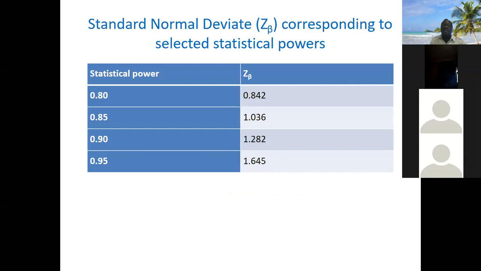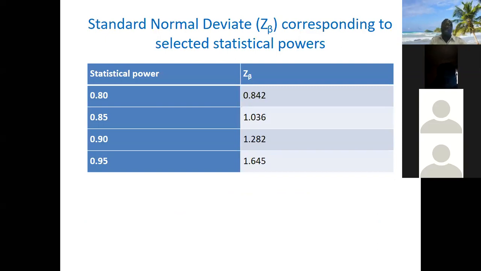One thing with power is that it is one side. When you draw your normal distribution, it's one side of it. I didn't demonstrate it here. Maybe in two days' time, when we further our discussion, I will show it.